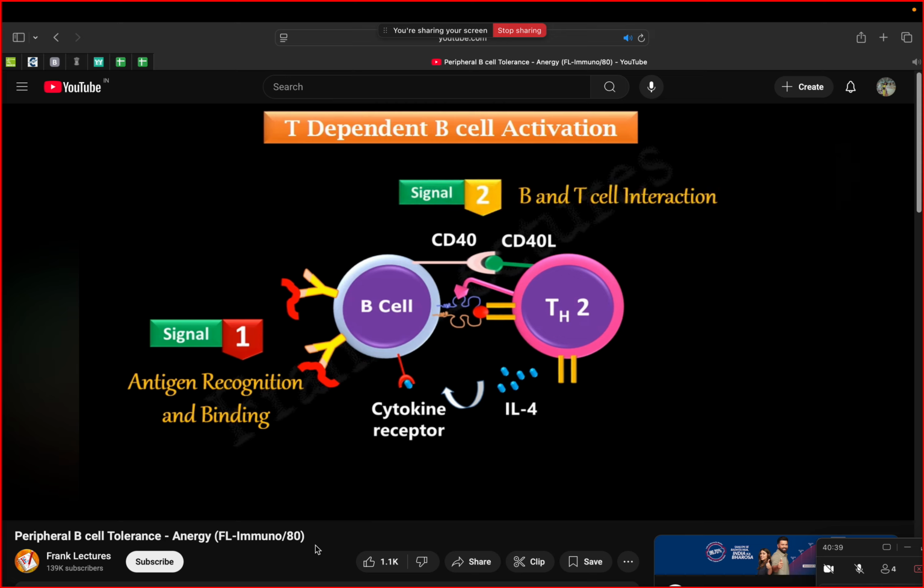Note that this T helper cell is also activated by the same antigen to which the B cell binds. The CD40 receptor of the B cell binds to the CD40 ligand of the T helper cell. This generates the second signal for B cell activation. Finally, the third signal is provided by cytokines secreted by the T helper cell. This results in the proliferation and differentiation of B cells into antibody-secreting plasma cells.